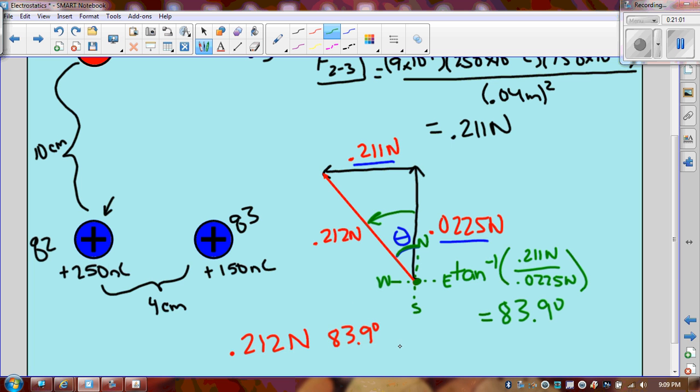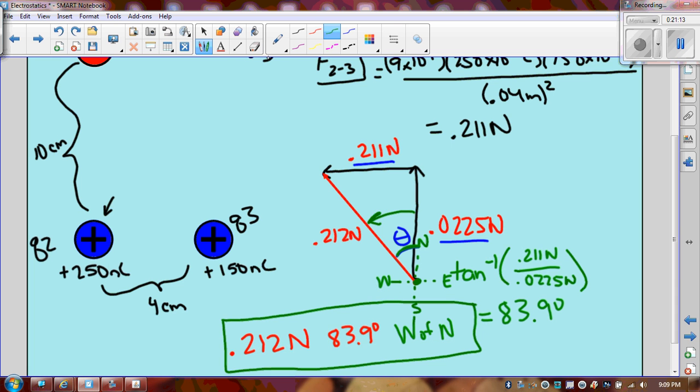And so I would say it's 83.9 degrees west of north. And so definitely, quite a bit more in depth than our previous left or right answers, but it's something that's definitely doable for sure. And so my overall answer is 0.212 newtons, 83.9 degrees west of north.